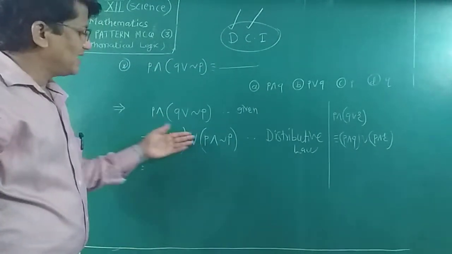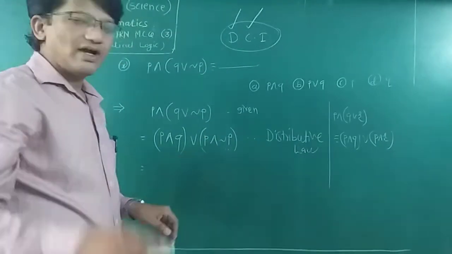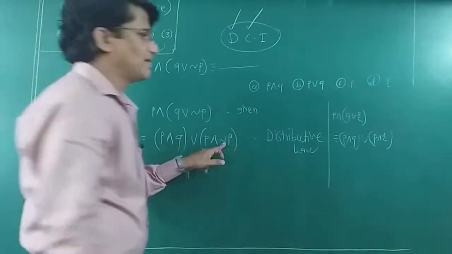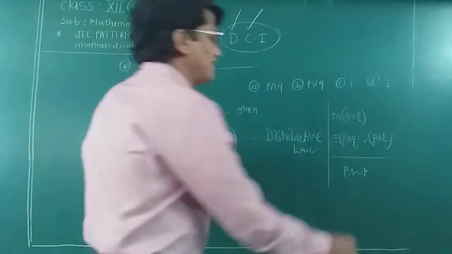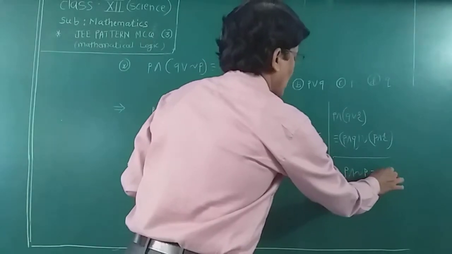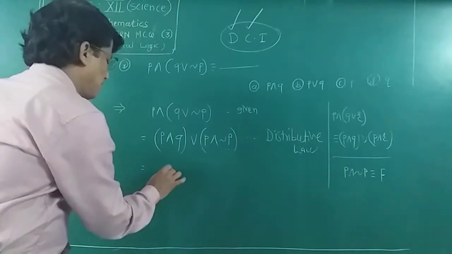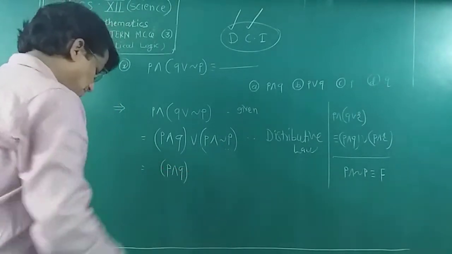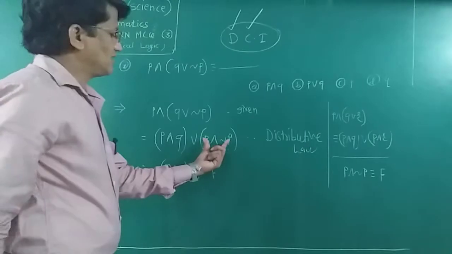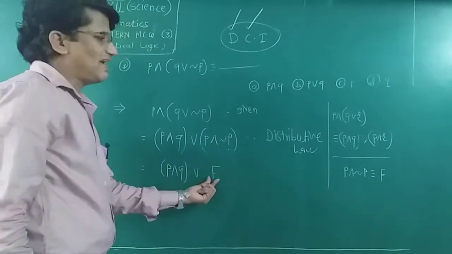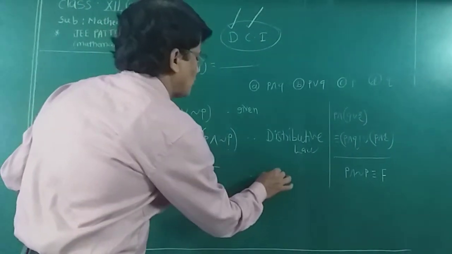Observe the second bracket: use the complement law, because it is P and negation P. We all know that P and negation of P always gives what? The answer is totally false, F. So P and Q, or with F. Instead of this bracket, use false F, because there is a P and negation of P. So this is the complement law.